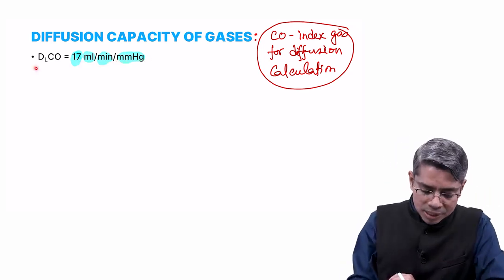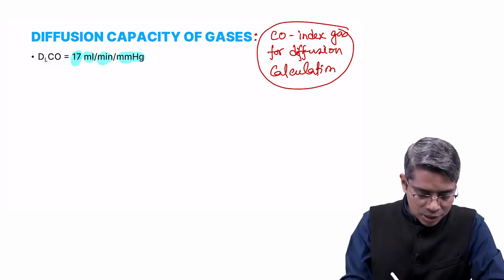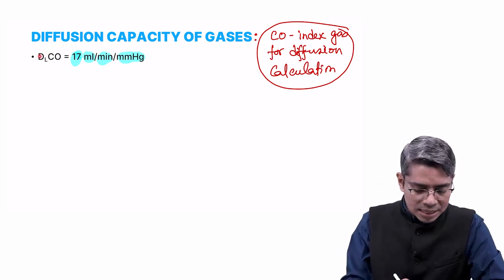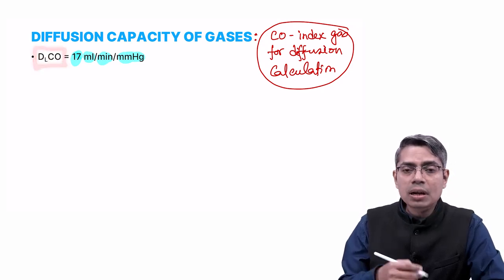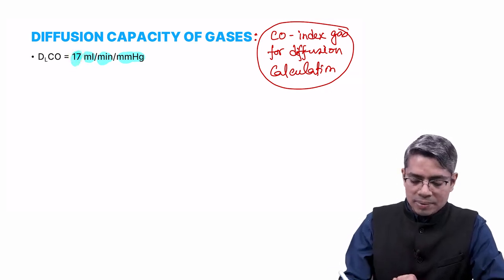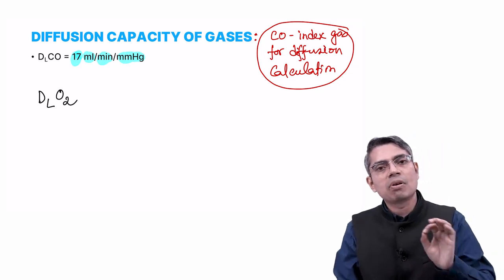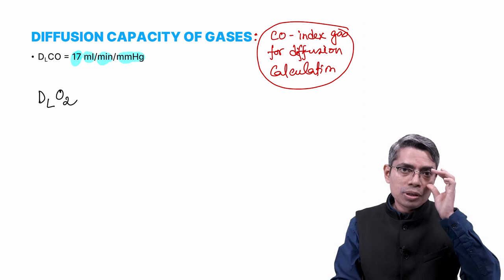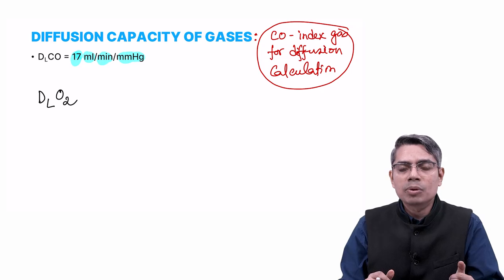Whenever you calculate the diffusion capacity of carbon monoxide, this D is the diffusion capacity, L is for lung. DLCO means the diffusion capacity of the lung measured with carbon monoxide, and that is 17 ml. Now if I convert this value into DLO2, the diffusion capacity of the lung for oxygen, I told you that oxygen transport is faster than carbon monoxide transport.